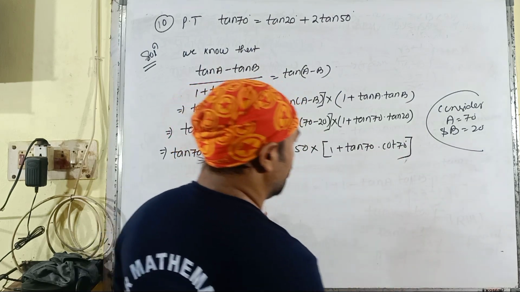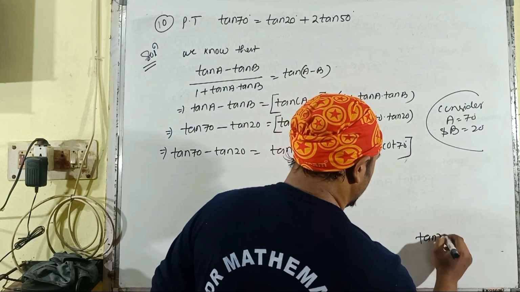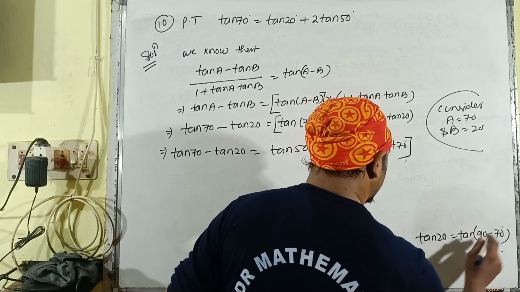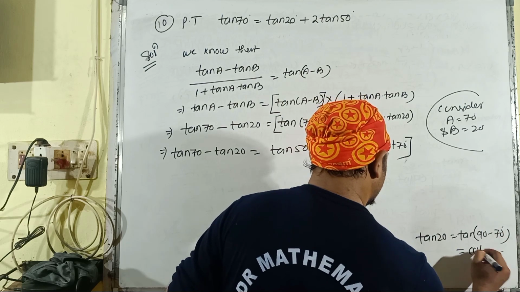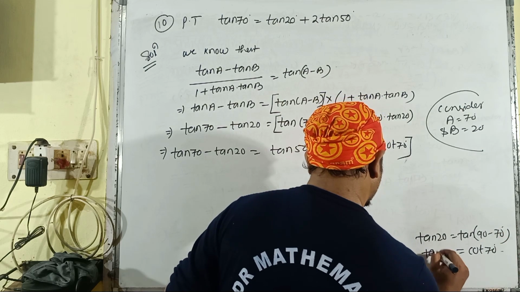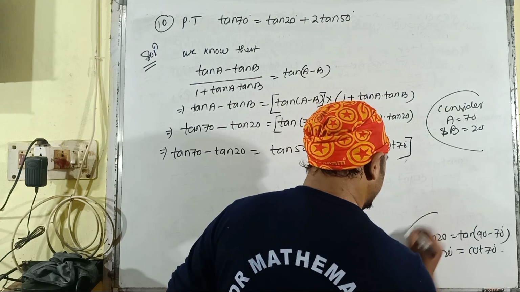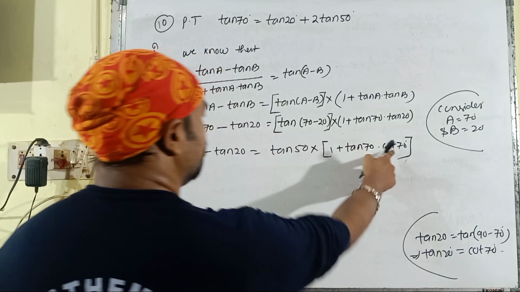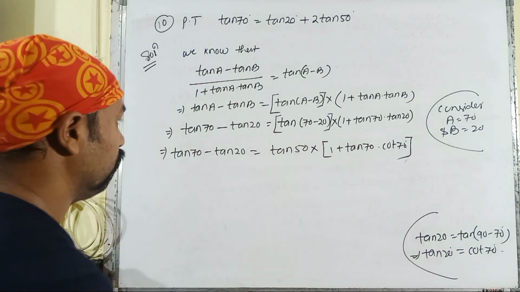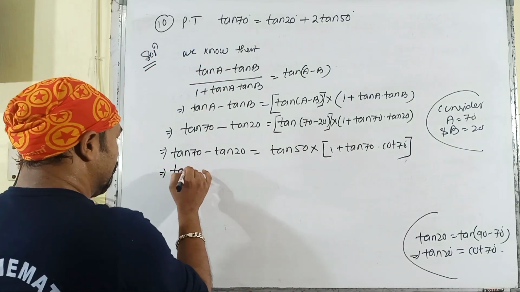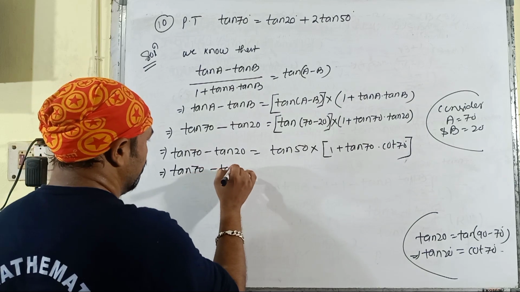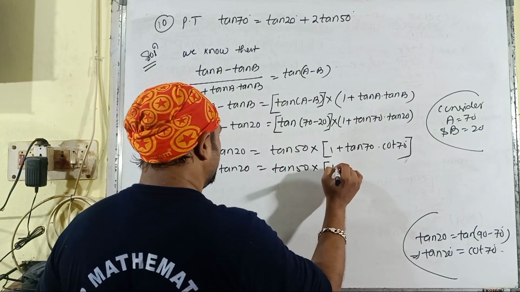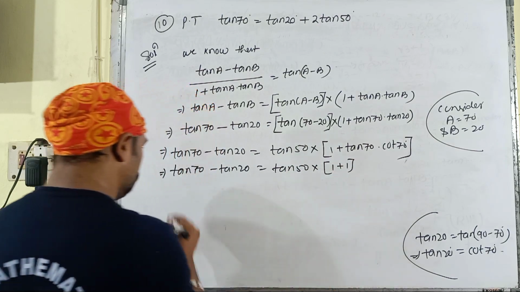As we know that tan 20 is equal to tan(90 minus 70) and tan(90 minus theta) is equal to cot theta, tan 20 can be written in the form of cot 70 degrees. But you know that tan 70 into cot 70 is equal to 1. So tan 70 minus tan 20 is equal to tan 50 multiplied with 1 plus 1, that means 2.